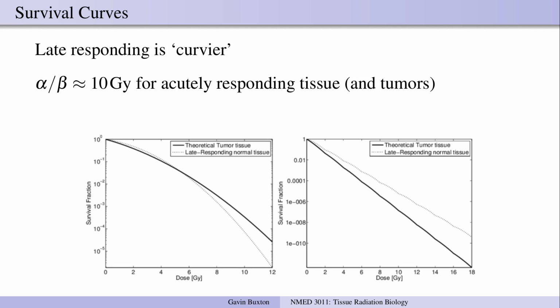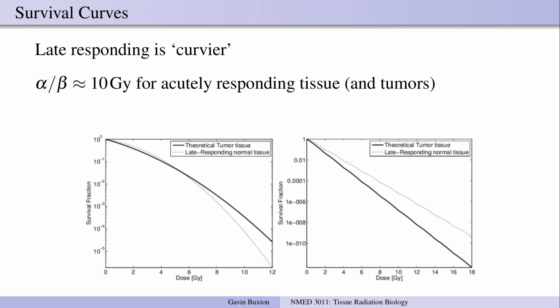If you divide the alpha by the beta, you get a parameter which is where, if you were to treat it as a linear response or as a quadratic response, those two cross, and we'll come back to that later. But for now, that ratio is an indication of how straight it is.